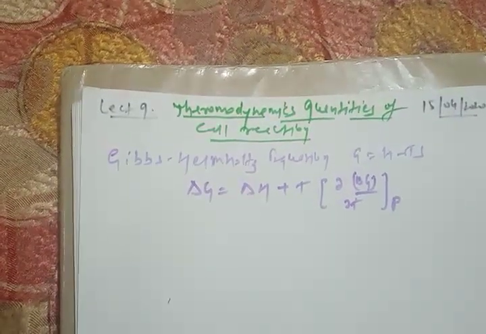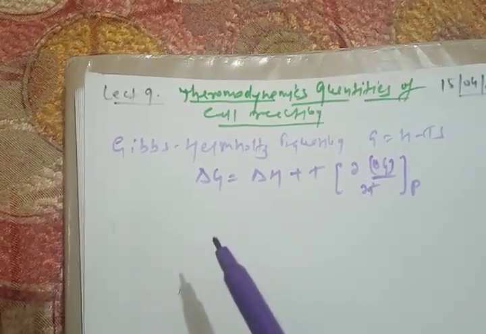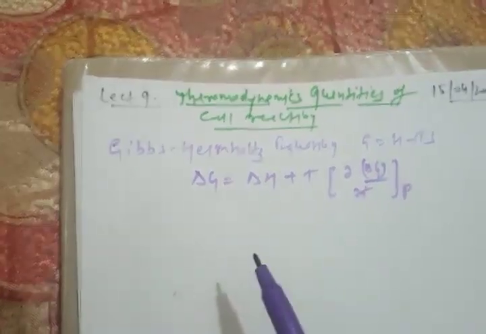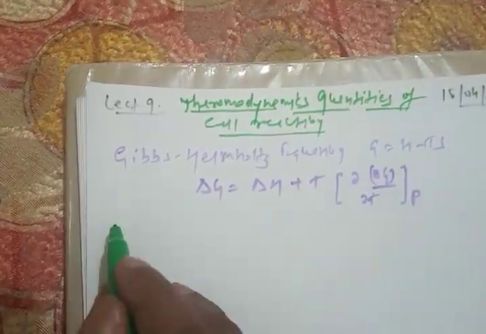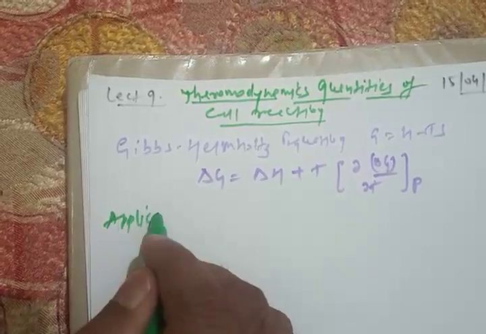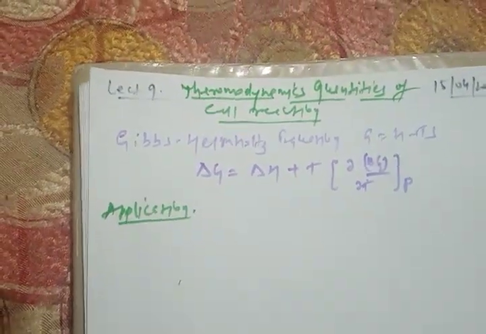This is another form of the Gibbs-Helmholtz equation. So what is the role of this equation here? When we go for the application of this equation, there is an important application.